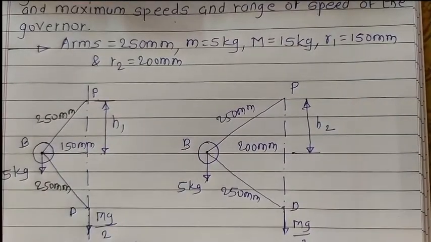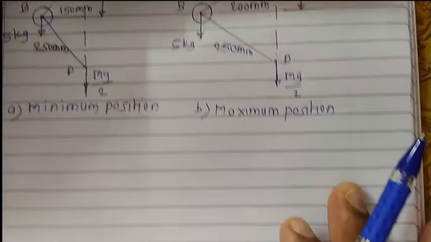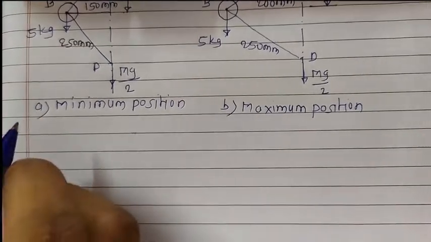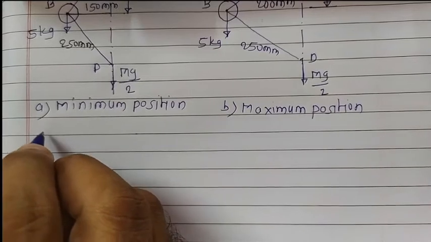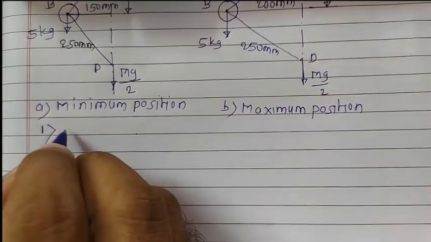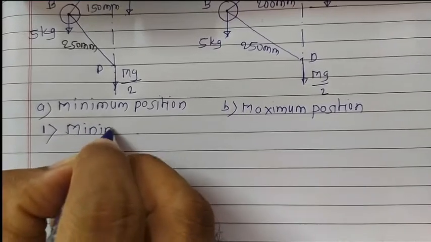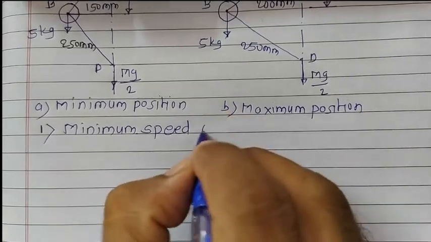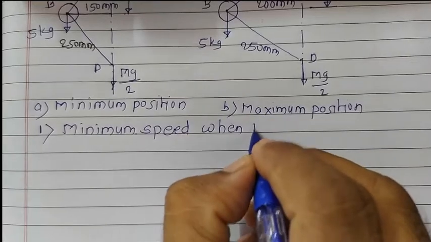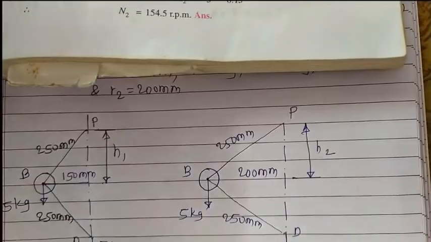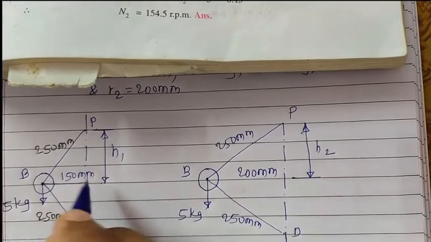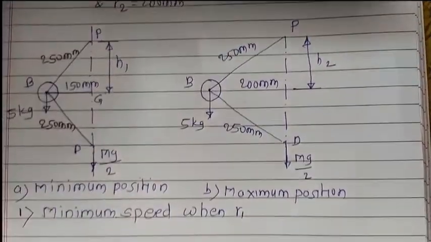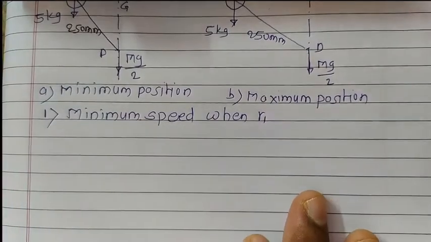To get the speed, in short we can get the minimum speed when the radius of rotation is minimum. Here BG indicates the minimum radius of rotation, so corresponding to that you can get the minimum speed value.